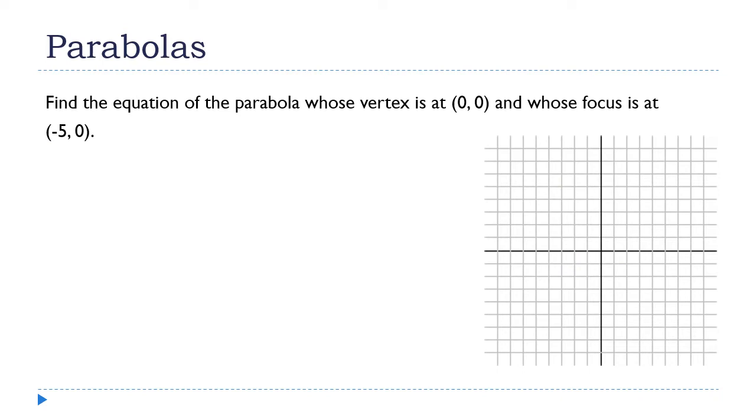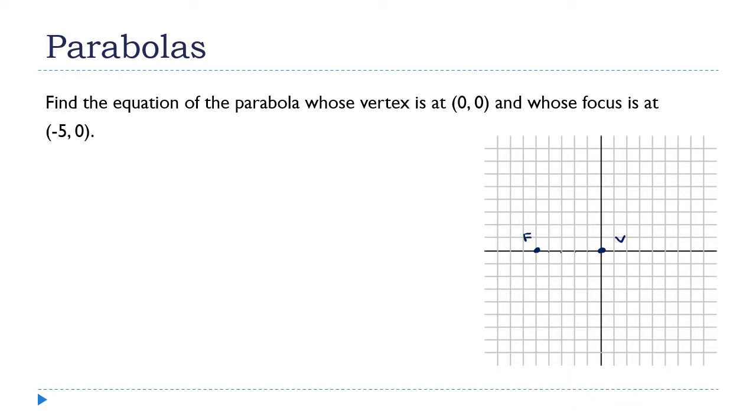All right, so going the other way now. Find the equation of the parabola whose vertex is at (0, 0), so we're starting with this same setup, the vertex is here, and whose focus is at (-5, 0). So I'm going to go negative 5, 1, 2, 3, 4, 5, comma, 0. There's the vertex. There's the focal point.